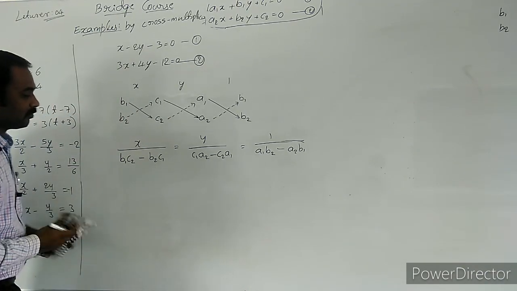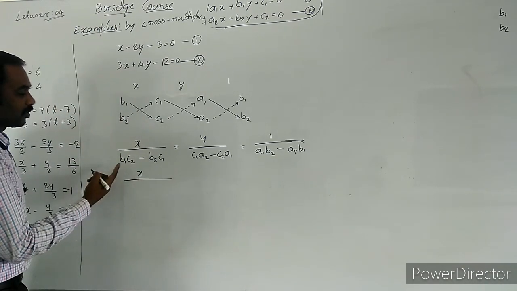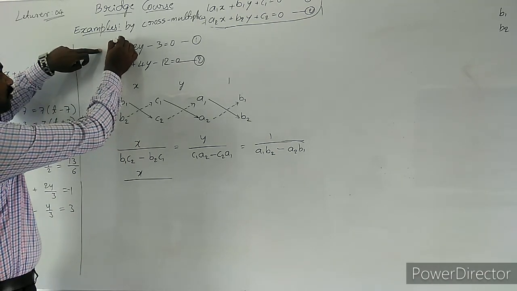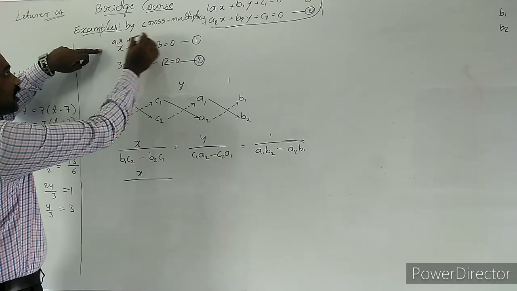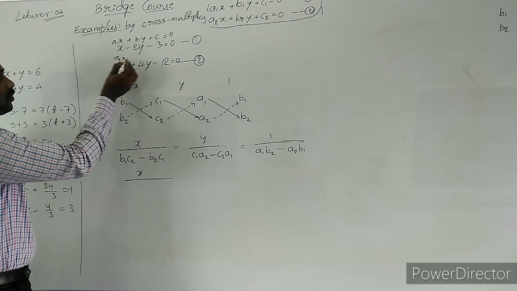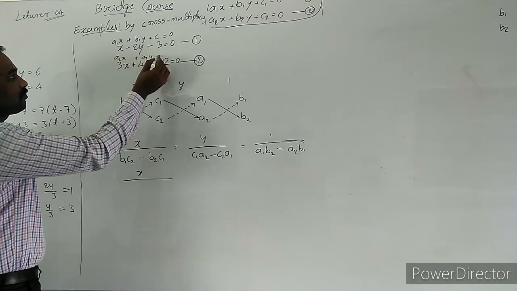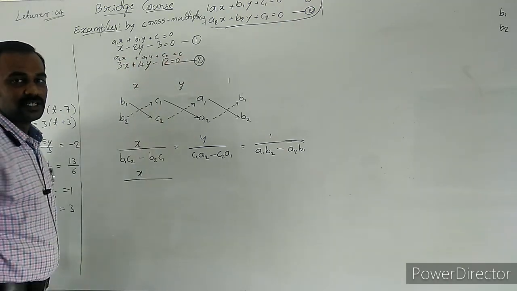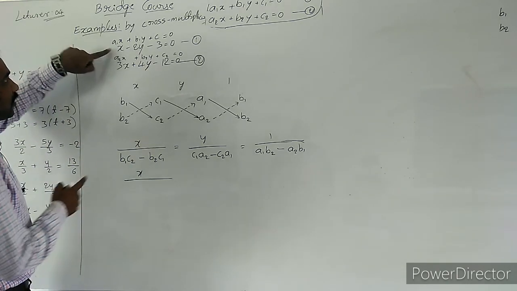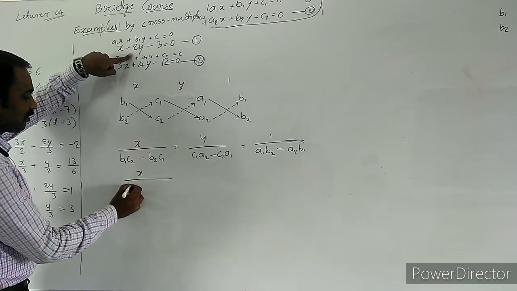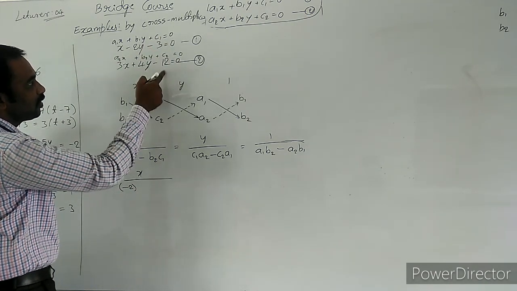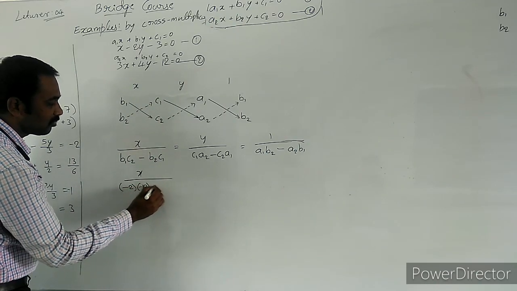What will we get as the value? So x divided by, what is the b1 value? Here it is a1x plus b1y plus c1 is equal to 0, and a2x plus b2y plus c2 is equal to 0. First of all, we need the b1 value. What is the b1 value? The b1 value is minus 2. What is the c2 value? The c2 value is here, minus 12, with a minus sign in between.